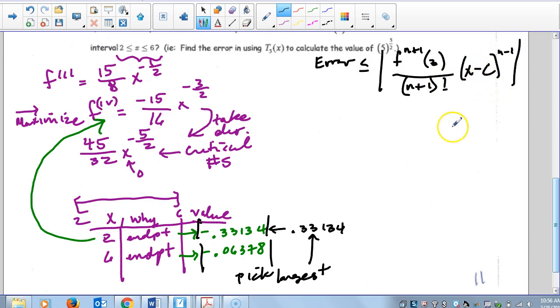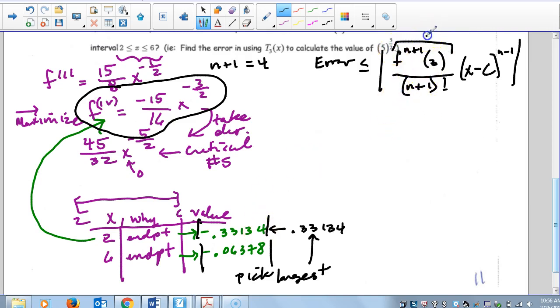So we can fill all of that stuff in. So we are on the fourth, right? So n plus 1 is right here. N plus 1 is 4 because that was 1 past 3. So f^(n+1)(z), this is the maximum that we just found.